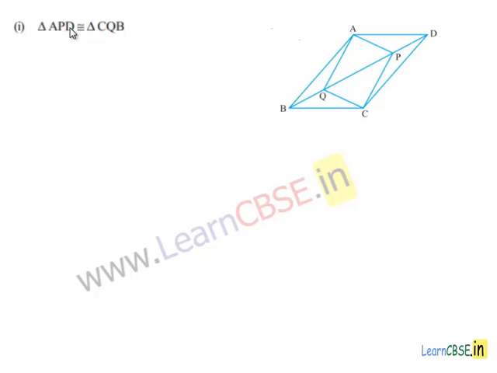In the first thing, he has asked us to prove that triangle APD is congruent to triangle CQB. So let us consider both triangles, that is triangle APD and triangle CQB.